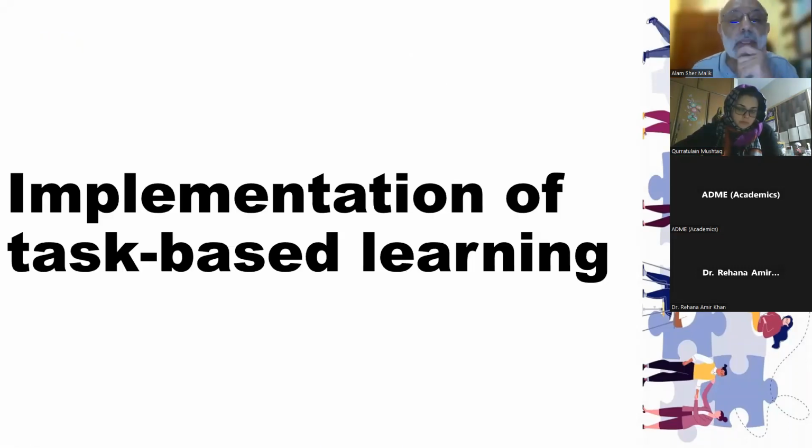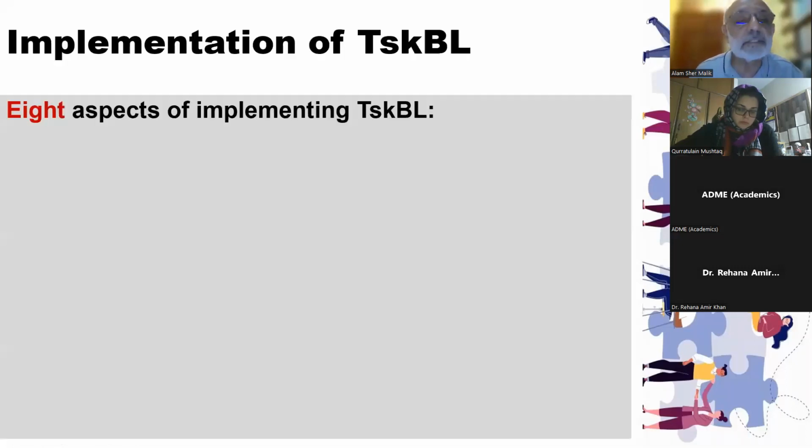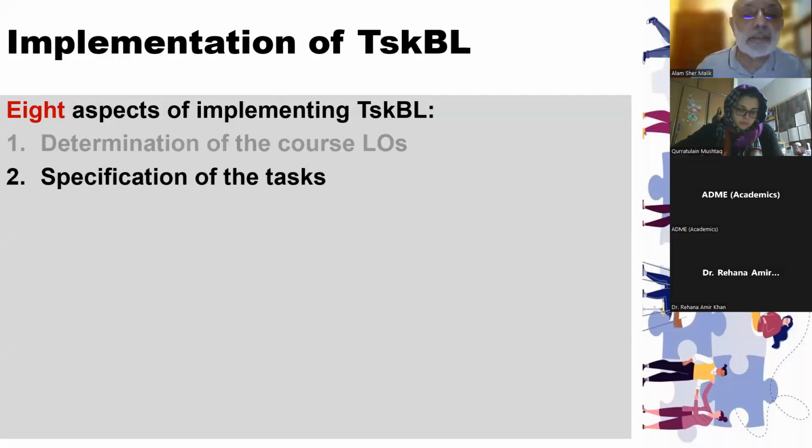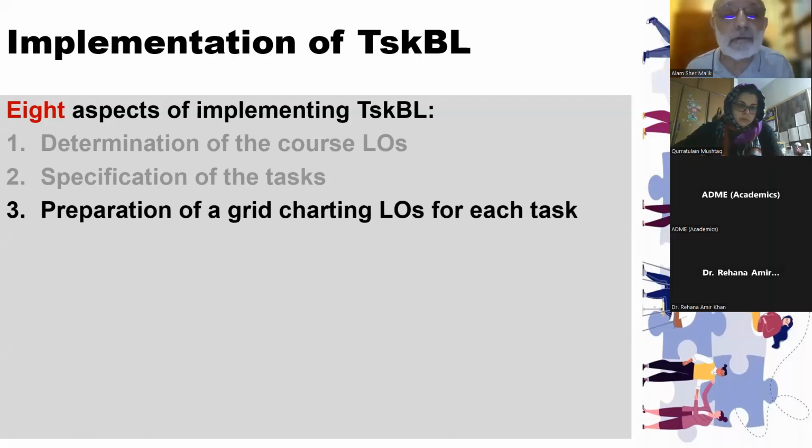Right, so implementation of task-based learning. There are 8 aspects of implementing task-based learning. The first, determination of course learning outcomes. Second, specification of the tasks. Third, preparation of a grid, stating learning outcomes for each task.